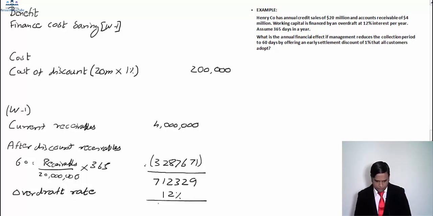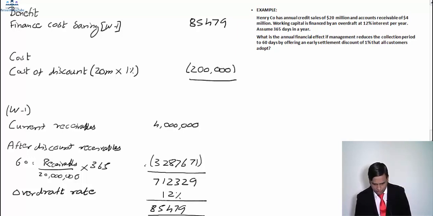Applying that to the figure of difference, we have 85,479, and that is our finance cost saving. 85,479 reducing 200,000, and we have a net loss on discount, which becomes 114,521. It's a negative.